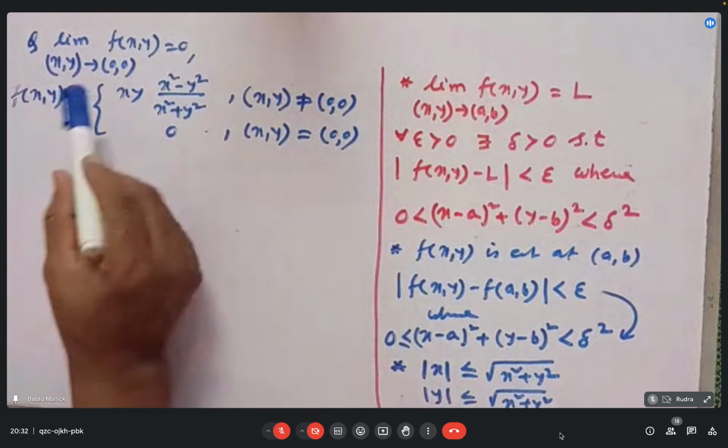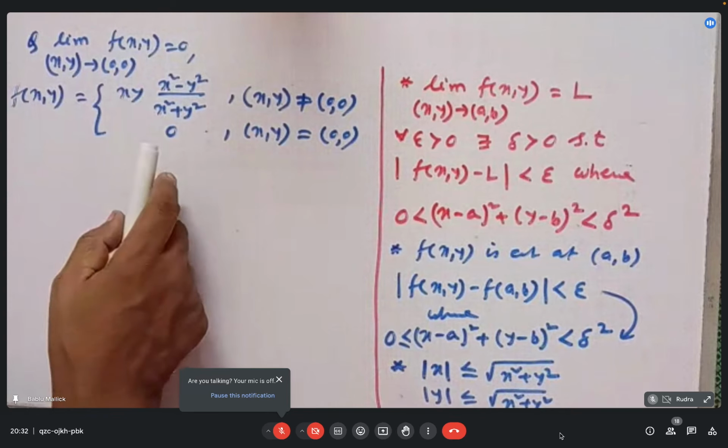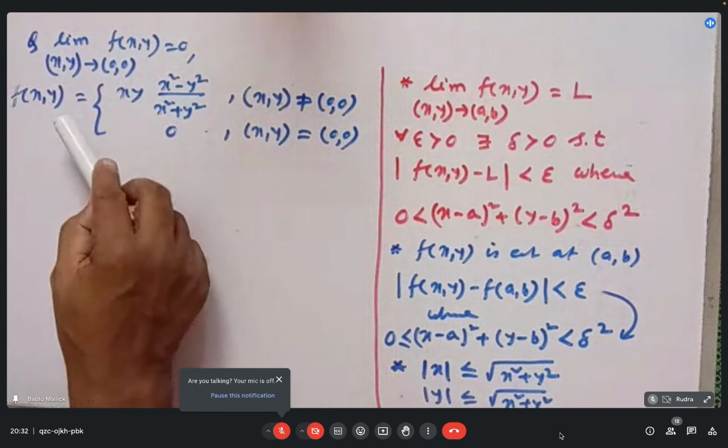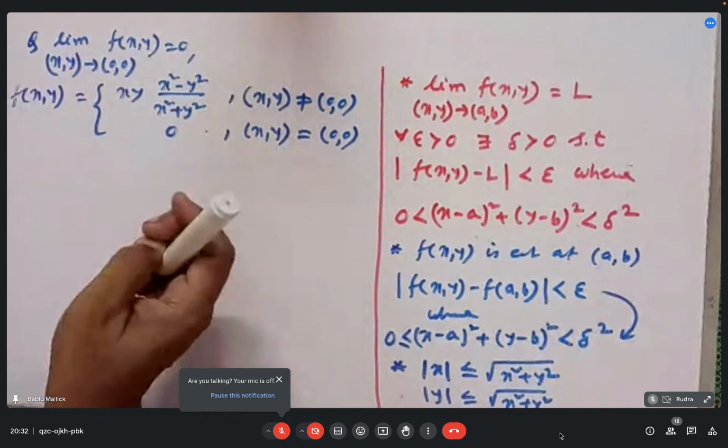So we shall show that this limit is equal to 0. In the same question, we may instead say that f(x, y) is continuous at (0, 0).